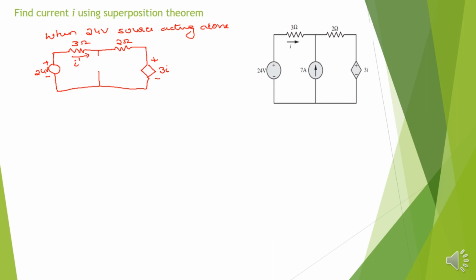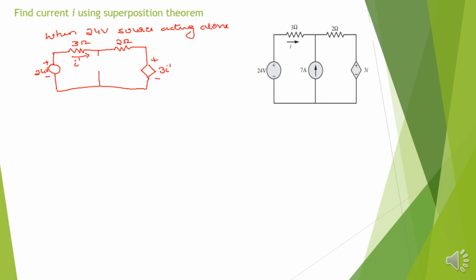Now in the network, given this current I, this is 3I, which depends on this current. So here this I becomes I dash, so this is 3I dash. Whatever current is flowing through the 3 ohm is the dependent parameter. So this is 3I. Now apply KVL to this loop.